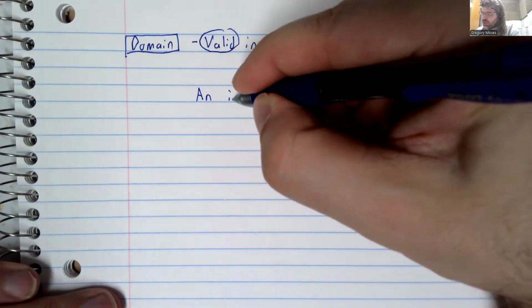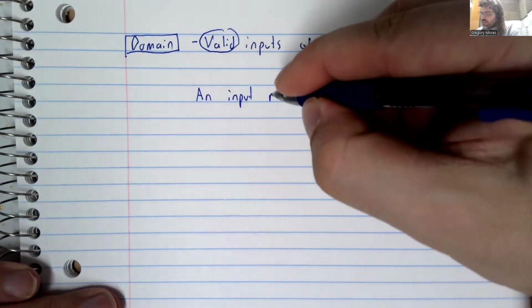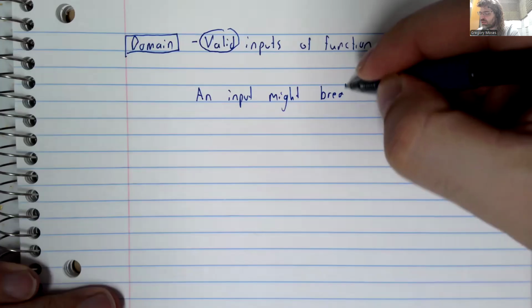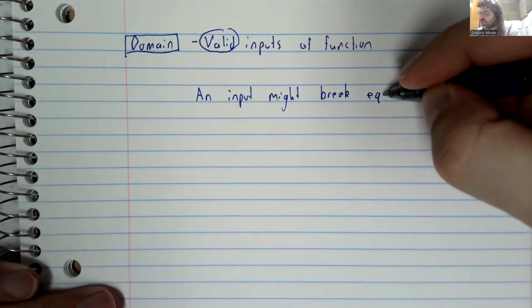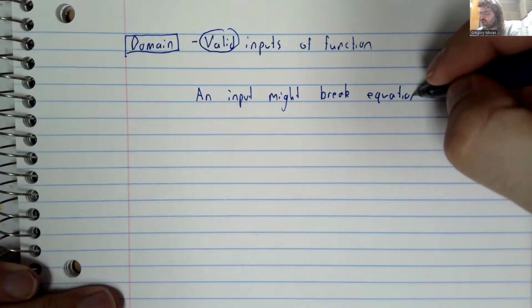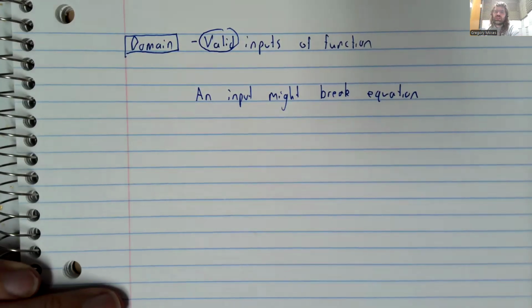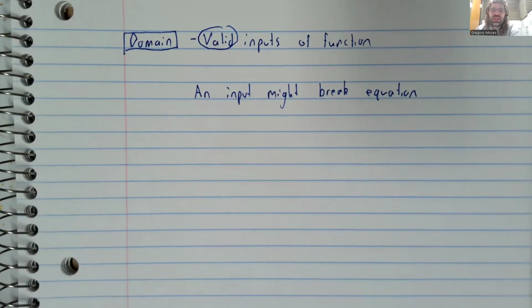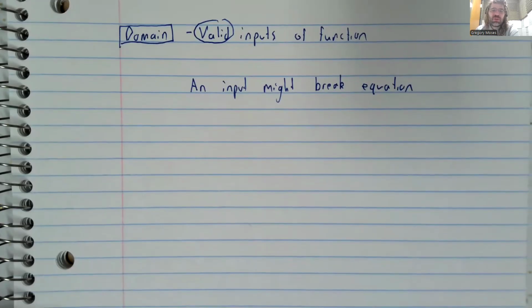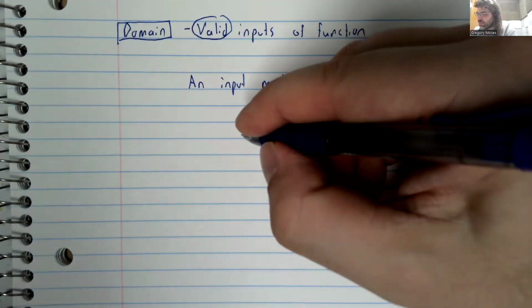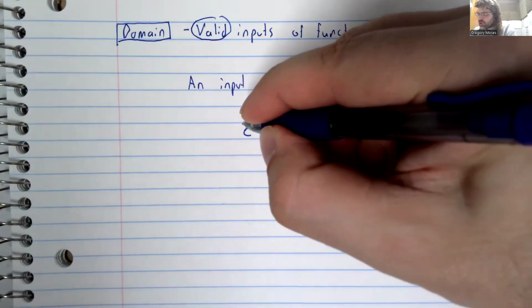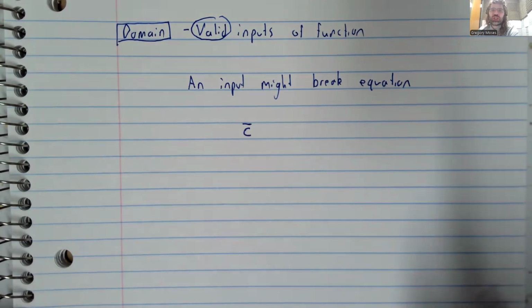An input might just break an equation. And if the input breaks the equation of the function, then the input shouldn't be in the domain of the function. Like maybe we have an average cost function.